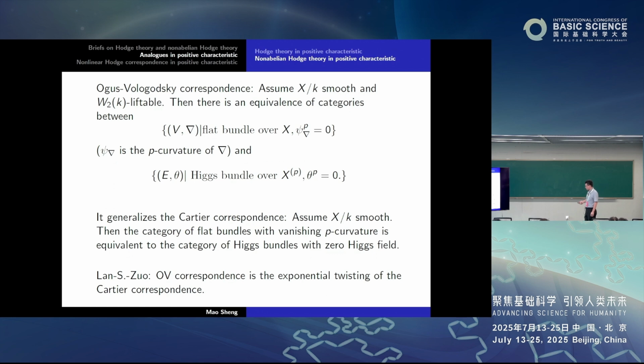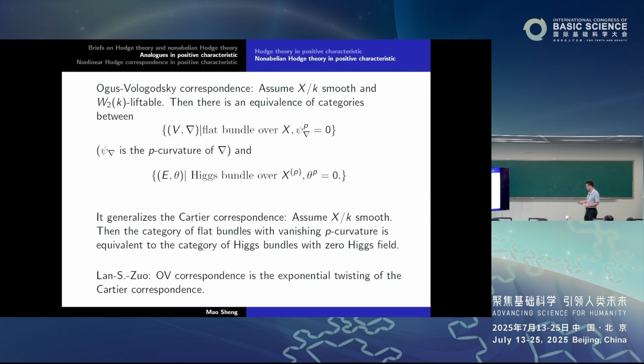Our first work in this field is that we reinterpret the OV correspondence in terms of a so-called exponential twisting of the Cartier correspondence. The original approach of Ogus-Vologodsky explored the Azumaya property of the sheaf of PD differential operators.